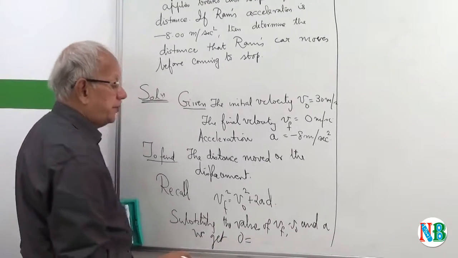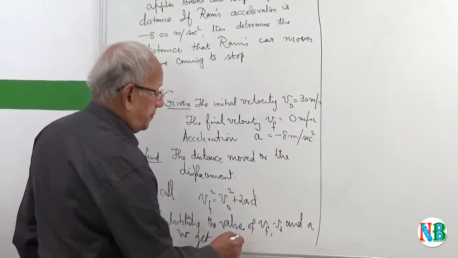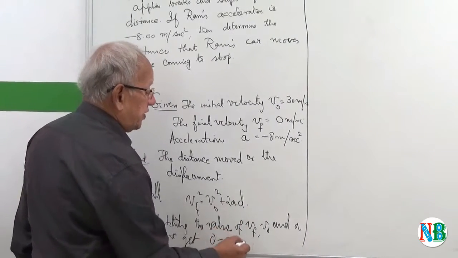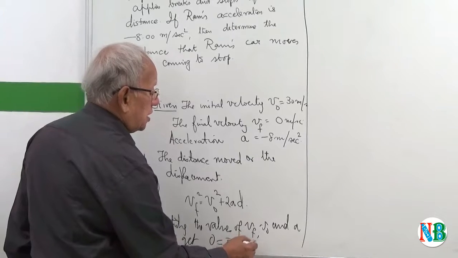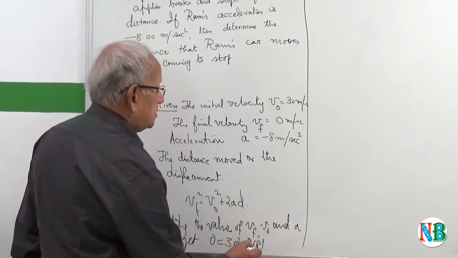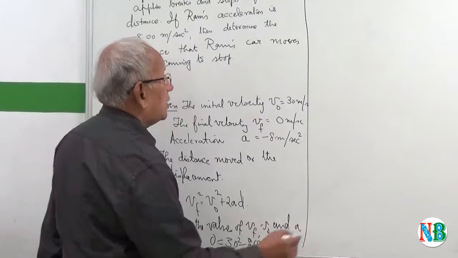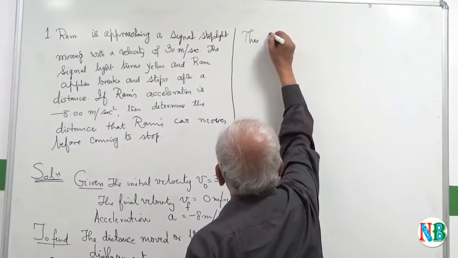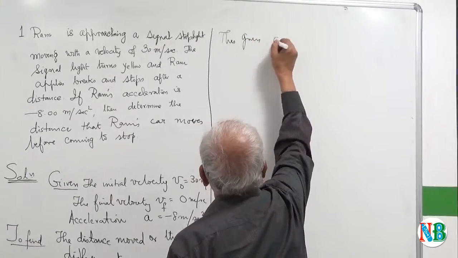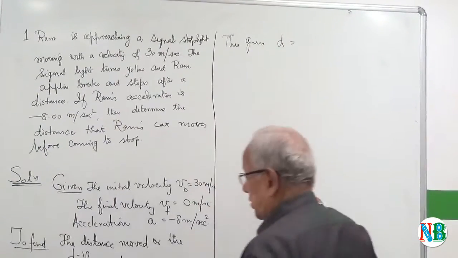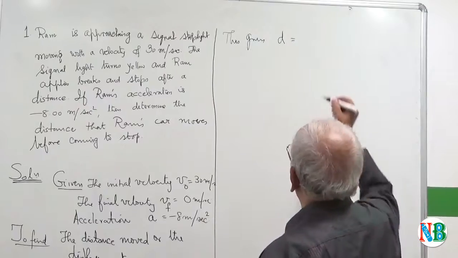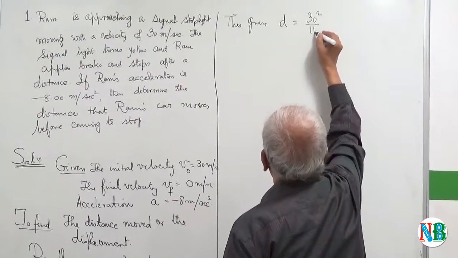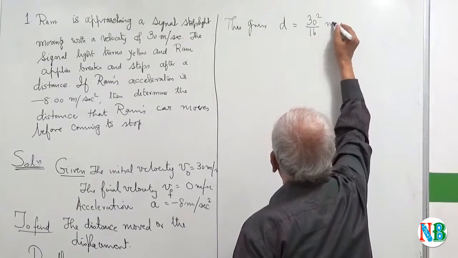0 equals 30 square. The acceleration is negative here, so minus 2 times 8 times D. So this gives displacement D equals 30 square by 16 meters.